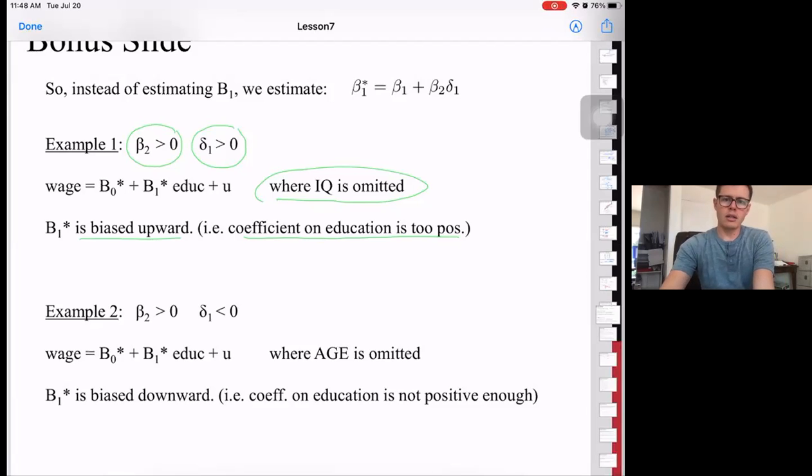Okay, do you want to have more practice with omitted variables bias or do practice homework problems together? I can either, if you guys want, oh, where did it go?